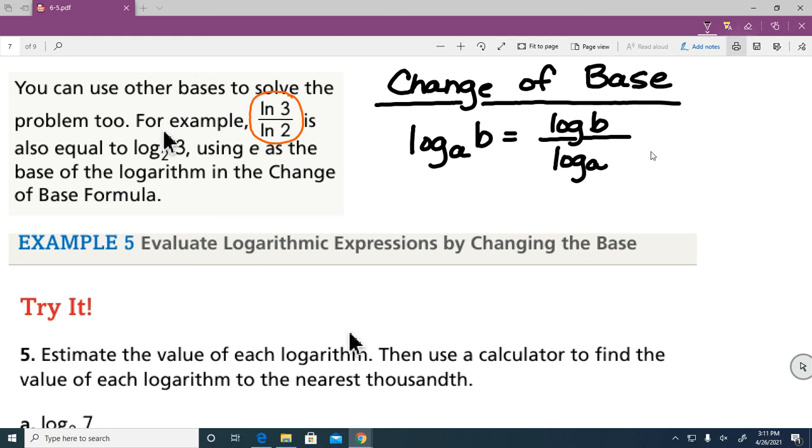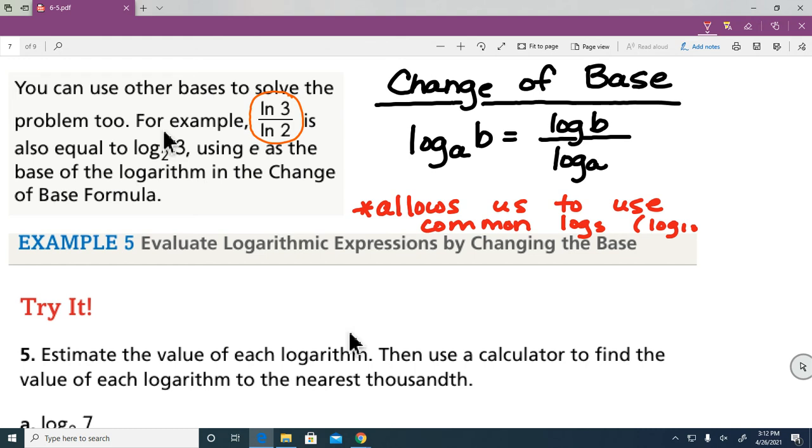So, and I'll talk about what that means in a second, but what the change of base does is it allows us to use one of our common logs. So either log base 10 or the natural log. Now, log base 10 and natural log are included on all the scientific calculators.